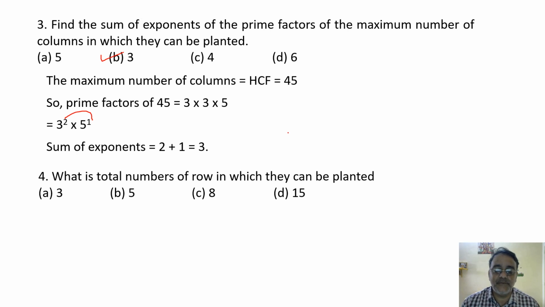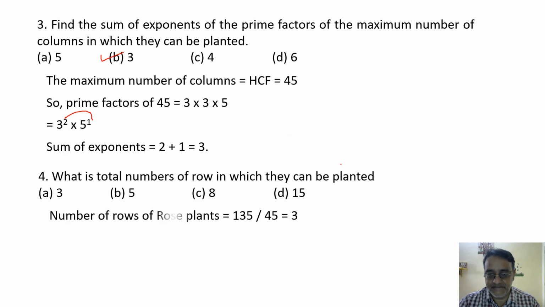What is the total number of rows in which they can be planted? We already got the columns, 45. The maximum number of columns is 45, and the rose plants total 135, so we divide 135 by 45, that is 3.